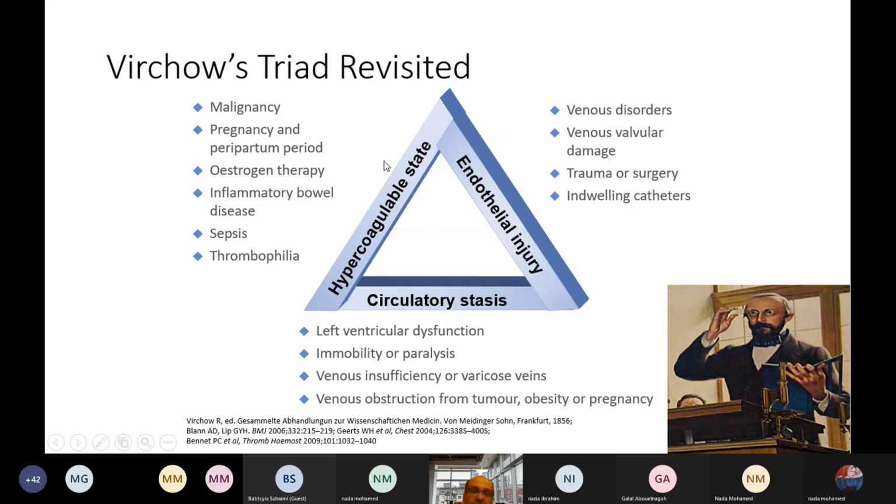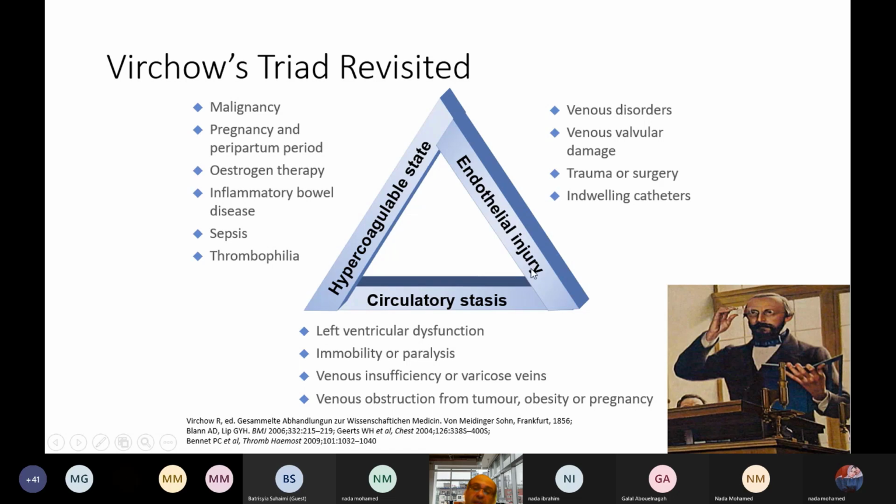What causes this? The patient will have a hypercoagulable state if he has a malignancy, if the woman is pregnant, if she takes contraceptive pills that contain estrogen, or sepsis, or some congenital form of what is called thrombophilia. Thrombophilia means that the patient has some anomalies in the coagulation cascade that result in a tendency for thrombosis.